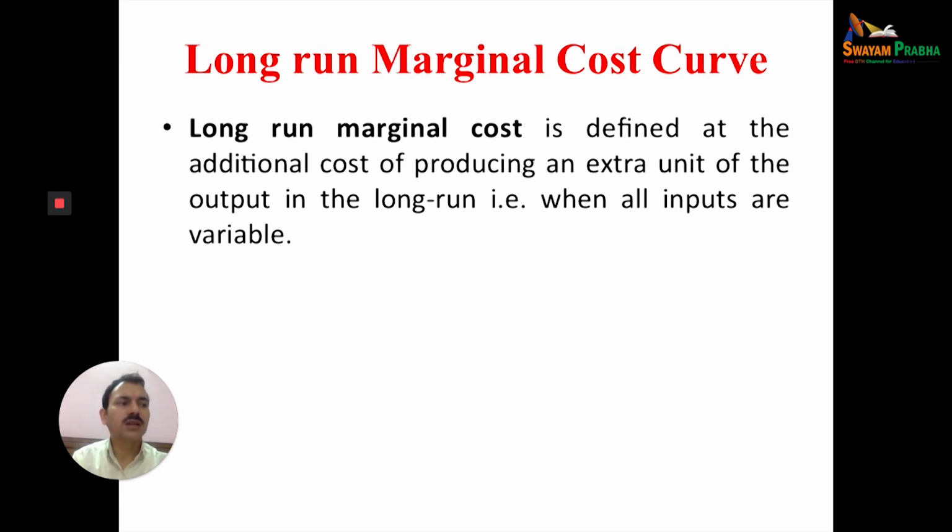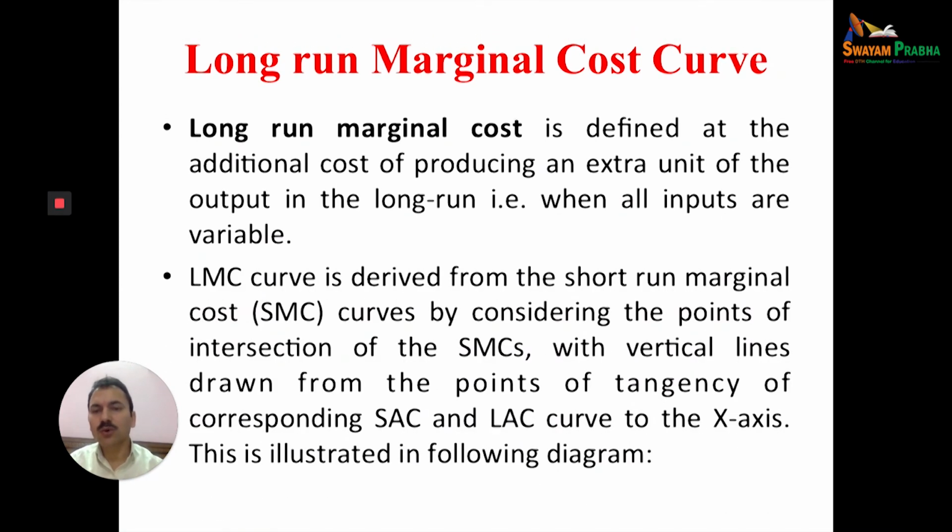There are no fixed factors. The long run marginal cost curve is derived from the short run marginal cost curves by considering, listen carefully, the point of intersection of short run marginal cost curves with a vertical line drawn from the point of tangency of the corresponding short run average cost curve and long run average cost curve.